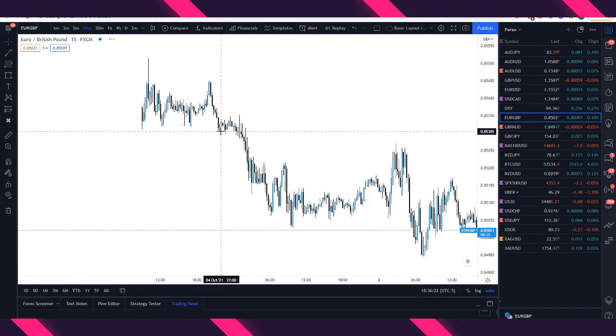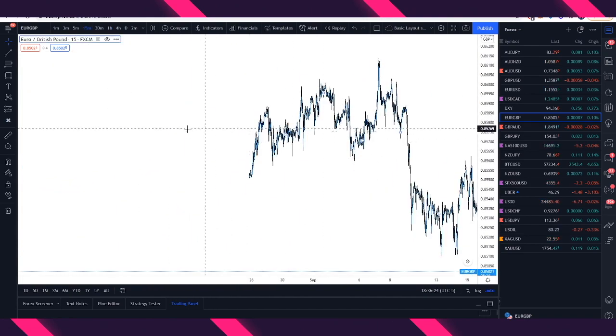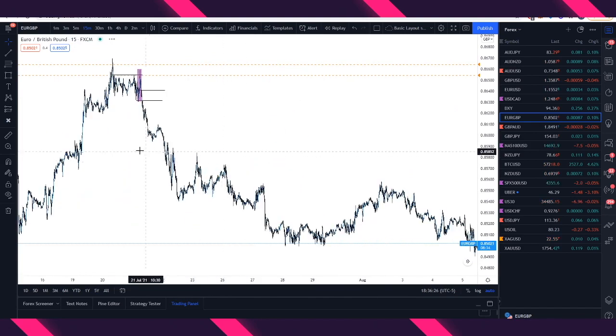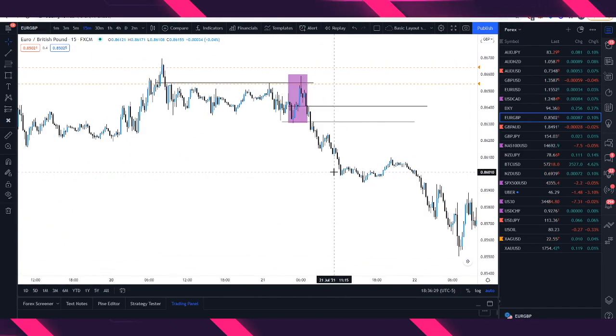Let's look at, say, the 15-minute. What we're really doing here is we know that there's a lot of volume that came from that move. Both that 1 hour candle and the daily candle reached up.